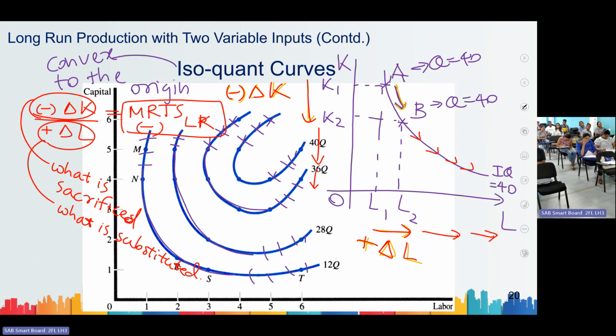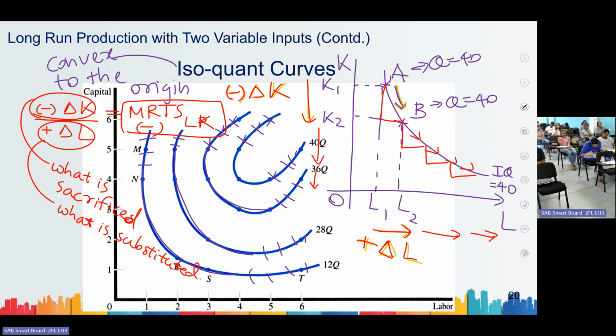Change in capital is what is sacrificed, change in labor is what is substituted. So we divide change in capital by change in labor to find the slope. That is the marginal rate of technical substitution of labor for capital.